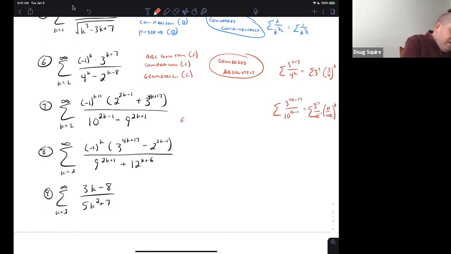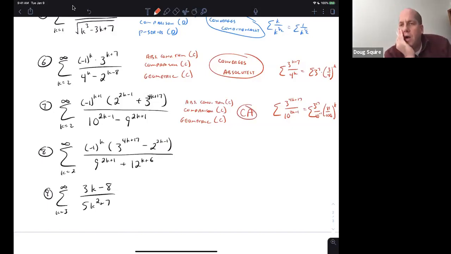And so that's going to be a convergent geometric series. You're going to do a comparison test, and so it's exactly the same as number 6. Comparison test, and it's going to converge, and then the absolute convergence theorem is going to prove that it's going to converge absolutely. Everybody clear so far? That's good.